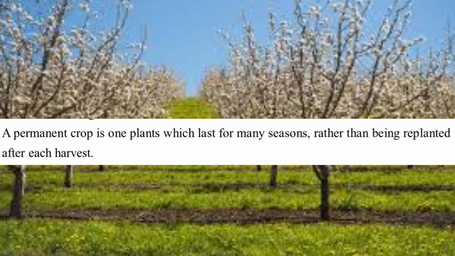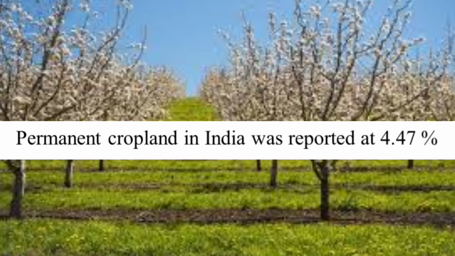In agricultural land, India has 4.47% of permanent cropland.